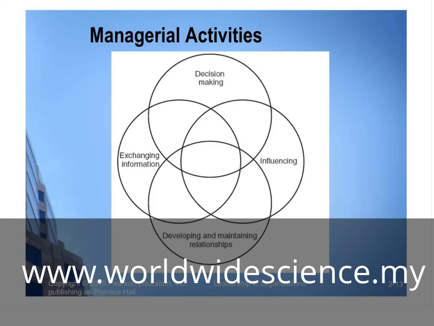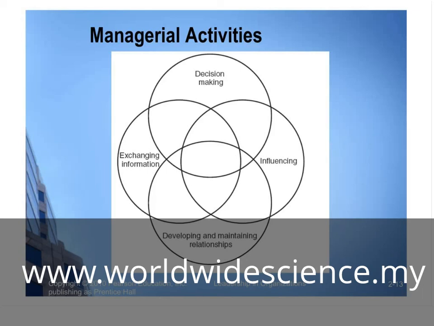And finally, exchanging information. As a manager, you are exchanging information all the time. You exchange information with your employees, with your subordinates, with your superiors, and you make decisions based on that information.